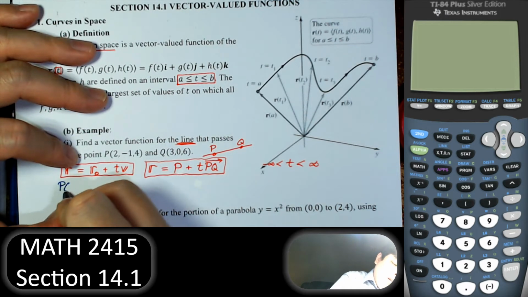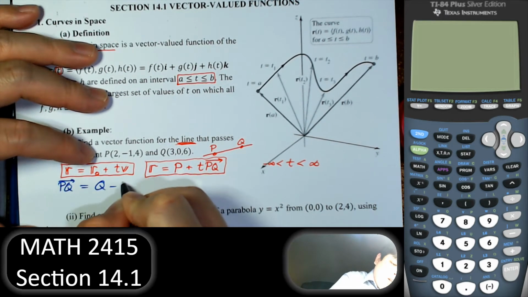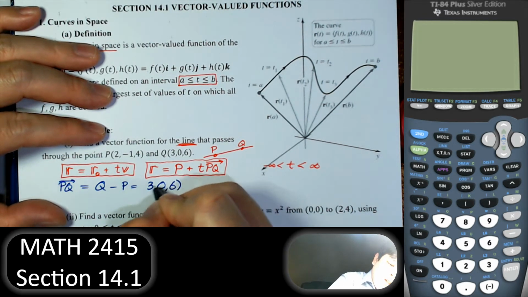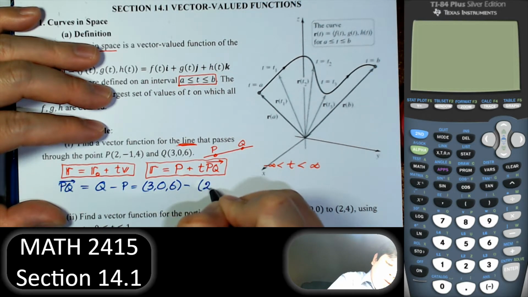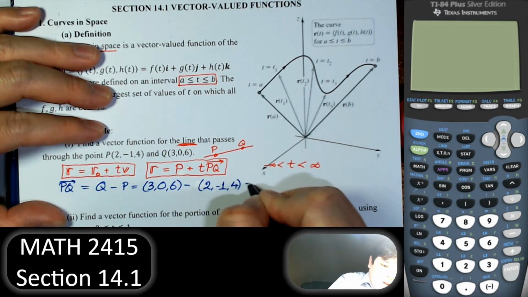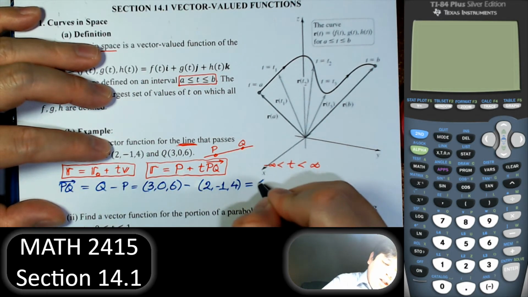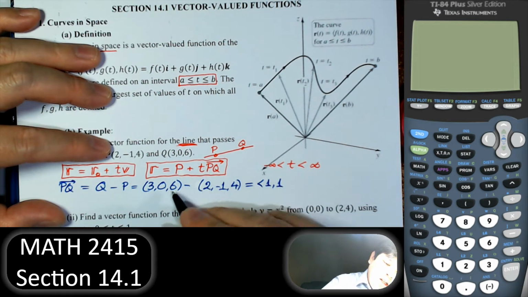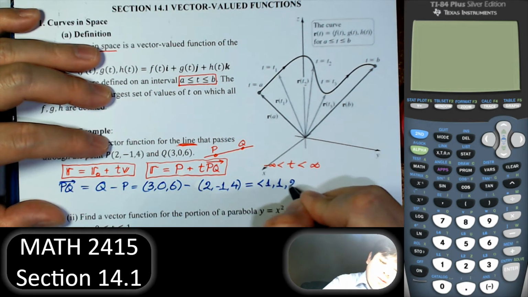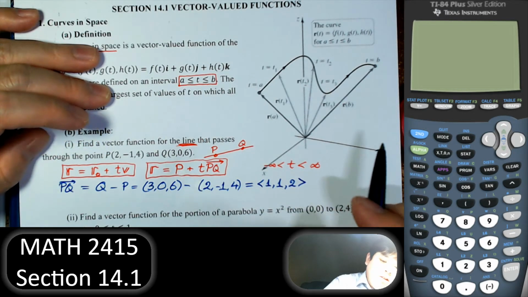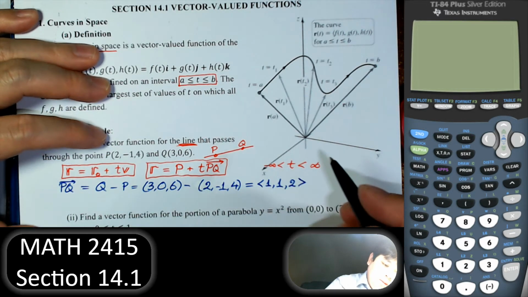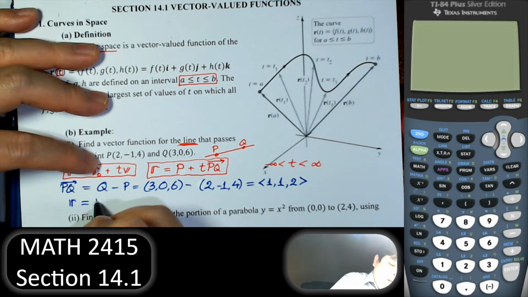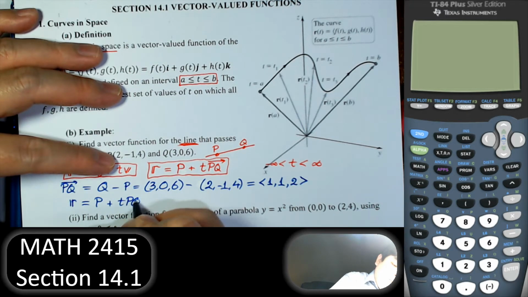The vector PQ, of course, is Q minus P. So first, vector PQ is equal to Q minus P. Q is (3, 0, 6) minus (2, -1, 4). 3 minus 2 is 1. 0 minus -1 is also 1. 6 minus 4 is 2. So that is vector PQ. And finally, for the line we write r equal to P plus t times vector PQ.